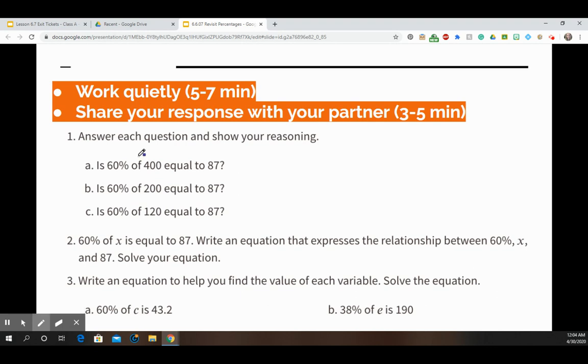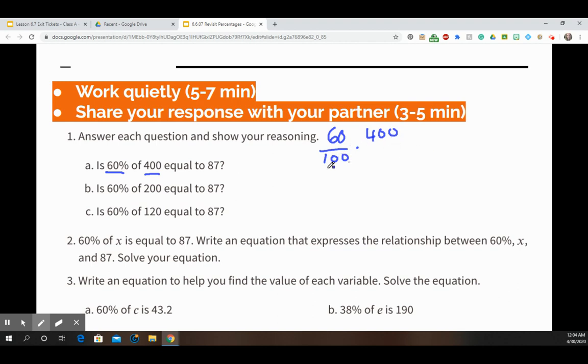Is 60% of 400 equal to 87? To figure out a percent of a number, I multiply the percent as either a decimal or a fraction by the number. If I did it as a fraction, I would do 60 over 100 times 400.